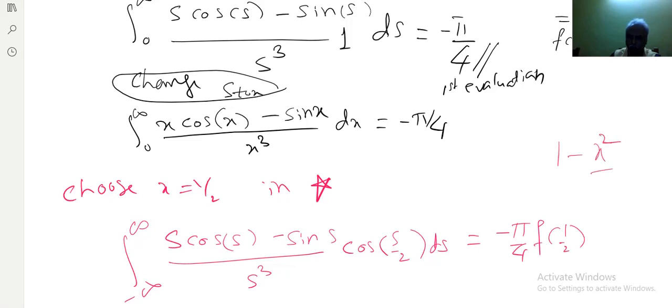Here I have to write x equal to half, so that is 1 minus 1 by 2 square. 1 minus 1 by 4 is 3 by 4. Here I have to substitute 3 by 4.